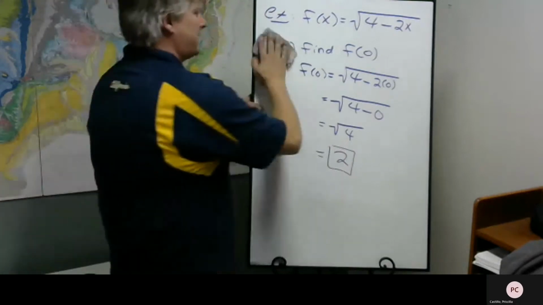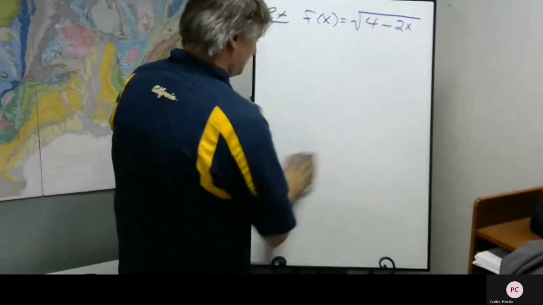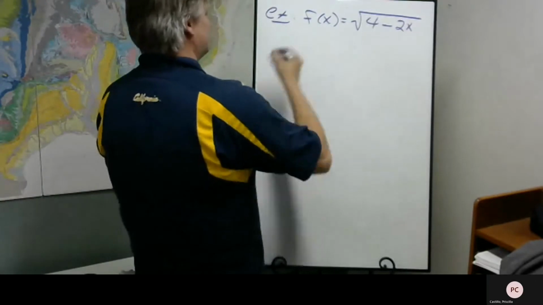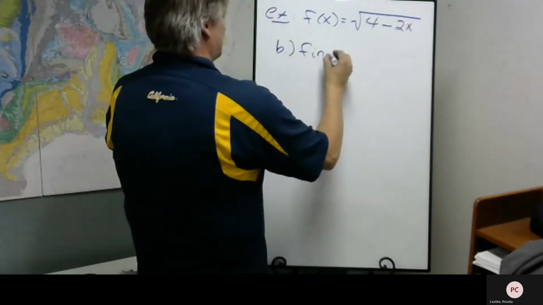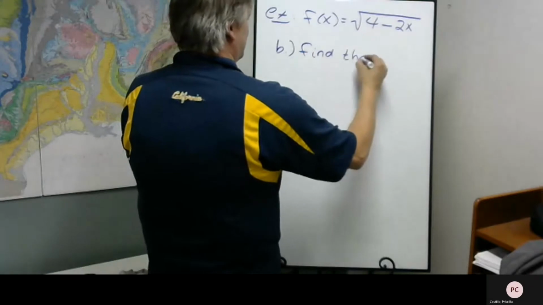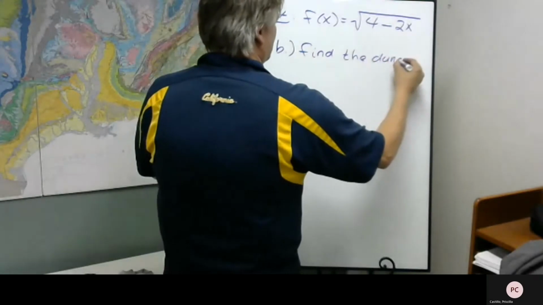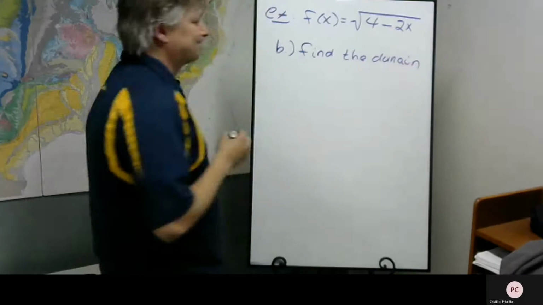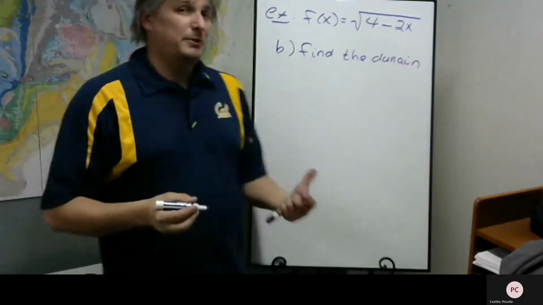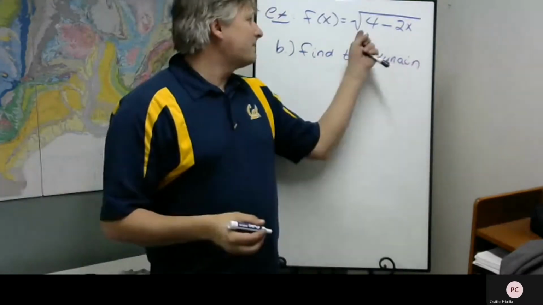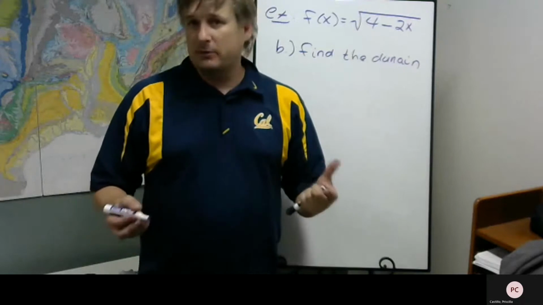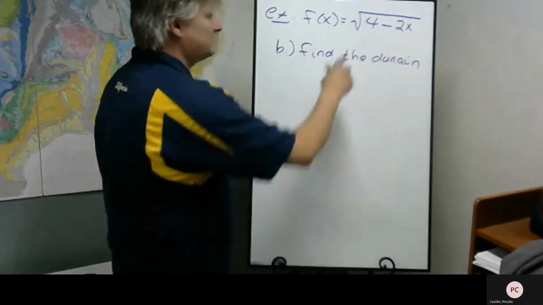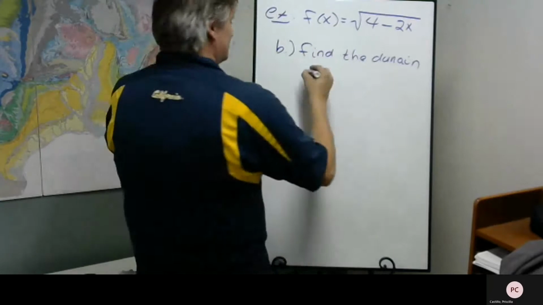Now, another question we might have for this is to find the domain. Well, the rule is going to be this. We want whatever is in here to be greater or equal to 0. So the way we need to find the domain, we need to state that fact.